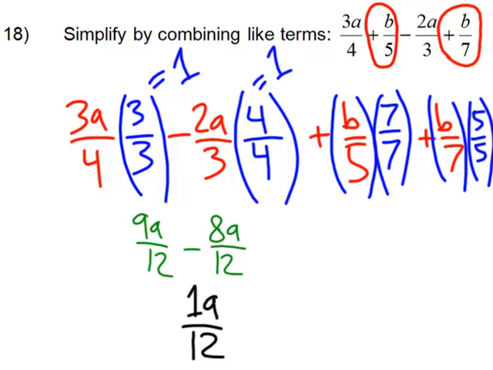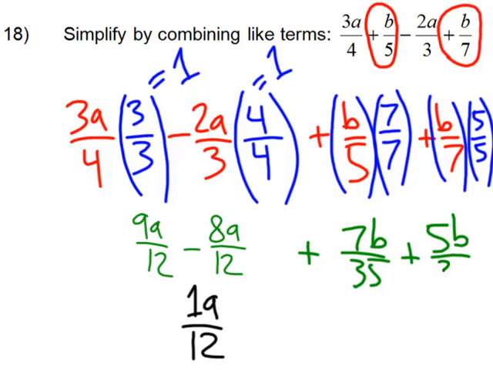On the next line, I'll write 7b over 35 plus 5b over 35. We've now got our common denominators, and because both have a common denominator of 35, I can just add them up and get plus 12b, that's the 7b plus the 5b, all over 35.